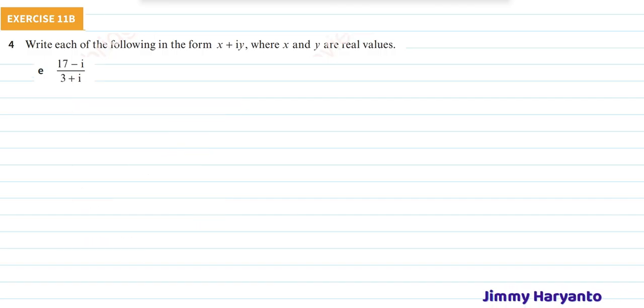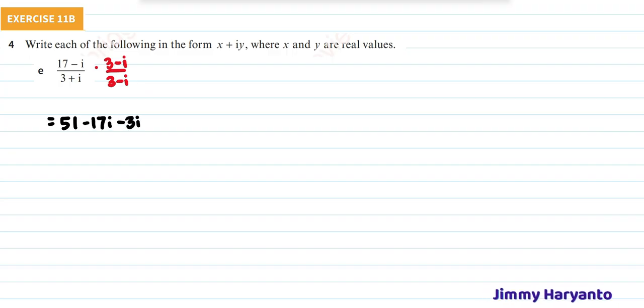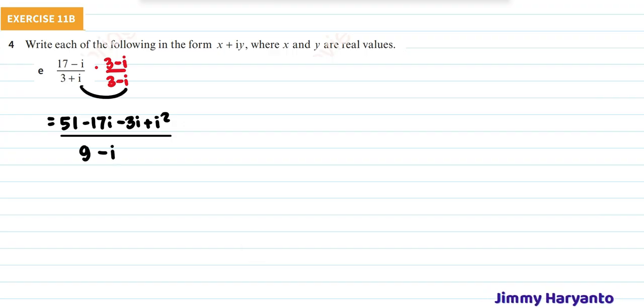Next is E. For question E, we have to multiply it by the conjugate, 3 minus i over 3 minus i. The top part will be 7 times 3 equals 21, and then minus 17i minus 3i, and then plus i squared, over, for the bottom part you multiply it like this, 9, and then this one negative i squared.